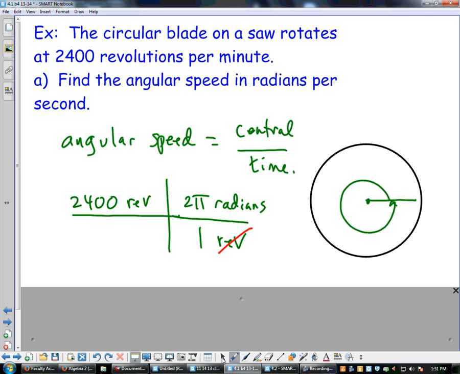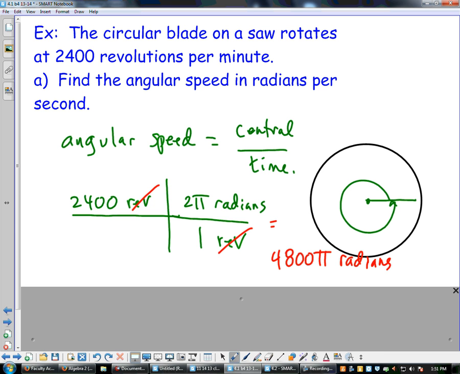The revolution units are dividing out, and I'm getting my total angle, right? My central angle is what? Yeah, 4,800 pi radians. Does that make sense? So that's my central angle.